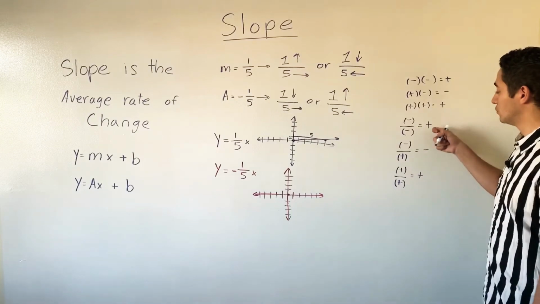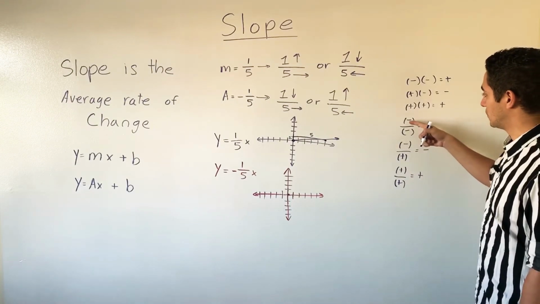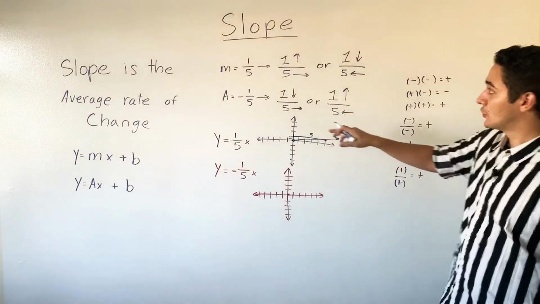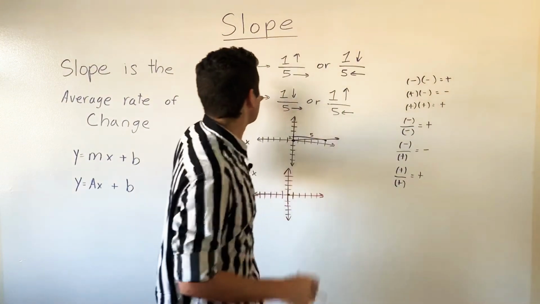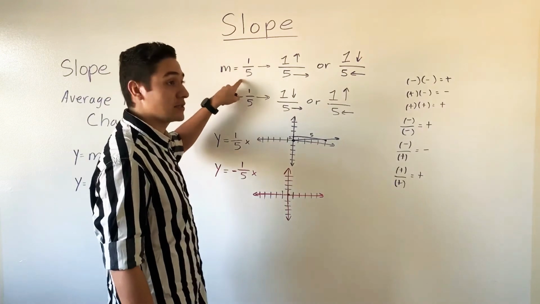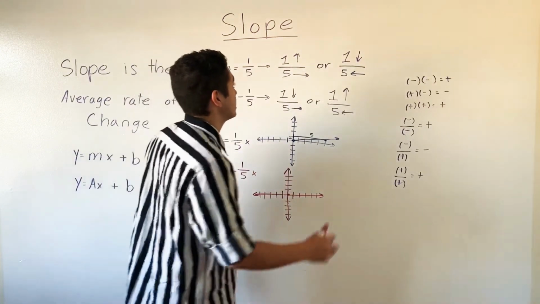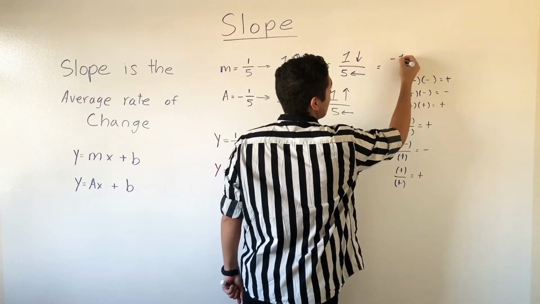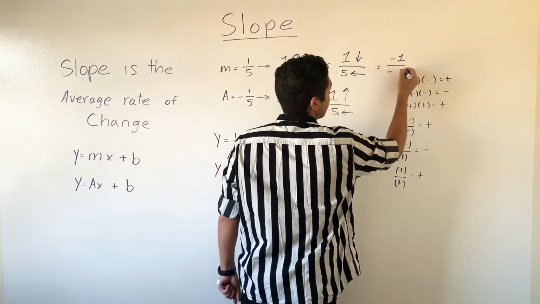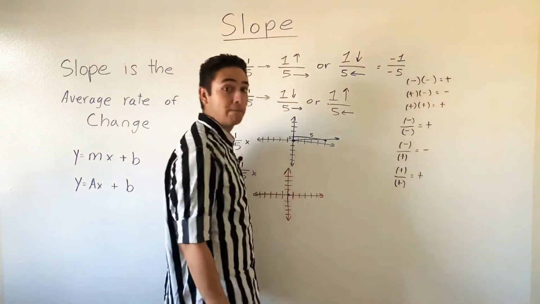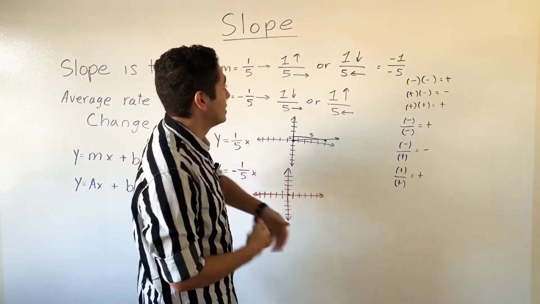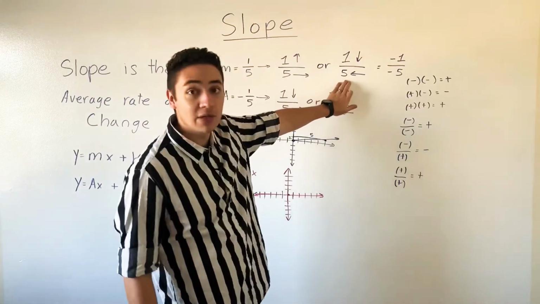So really important here because we see, look, if I put a negative on both sides, I still get positive. So in other words, another way that I can express this positive 1 over 5, I could say it's also the same thing as saying negative 1 over negative 5, okay? And there we see the justification for this change in direction.